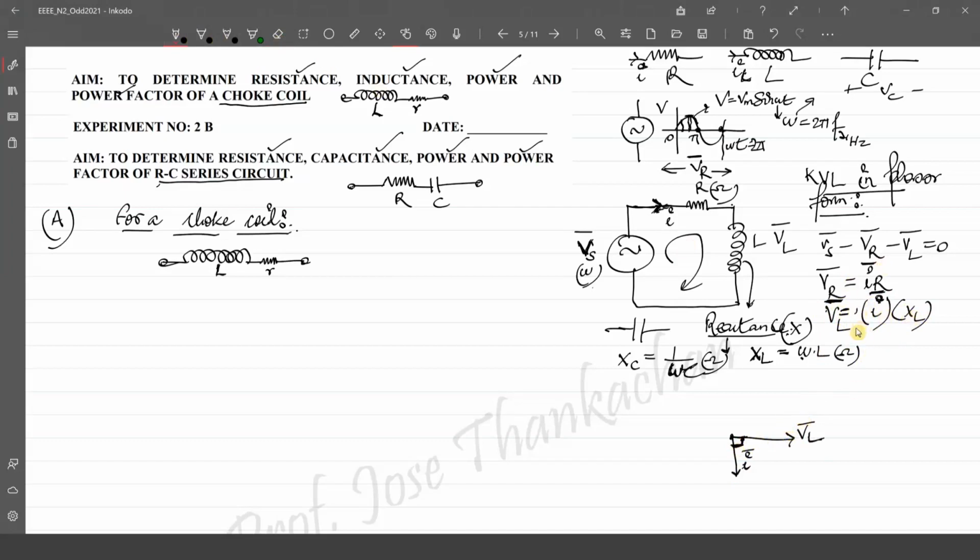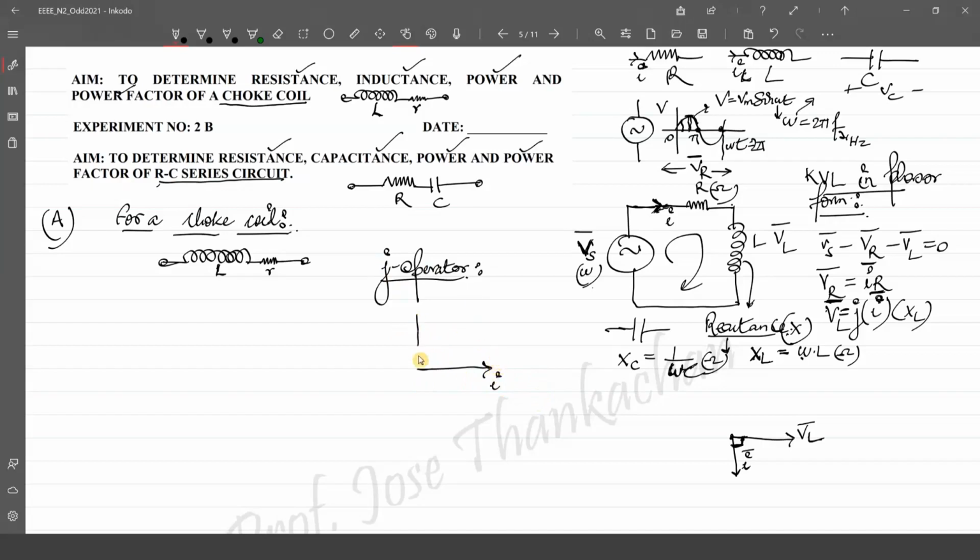So for that we define an operator which is known as the J operator. What is a J operator? Everyone has to listen to this carefully. A J operator is a quantity to which if I multiply any phasor, for example this phasor I, it will rotate this quantity by an angle of 90 degrees.